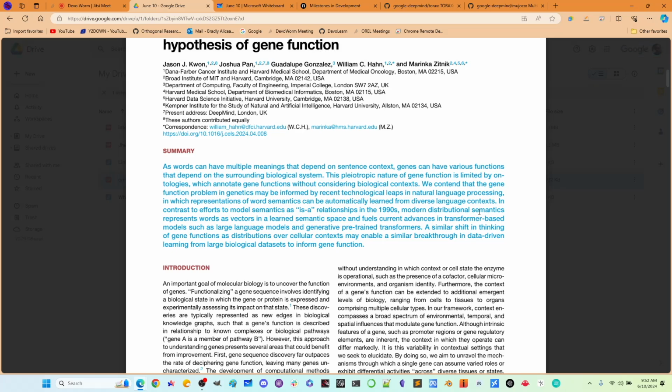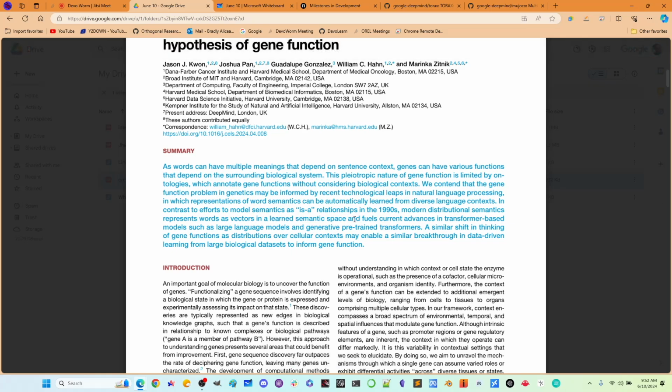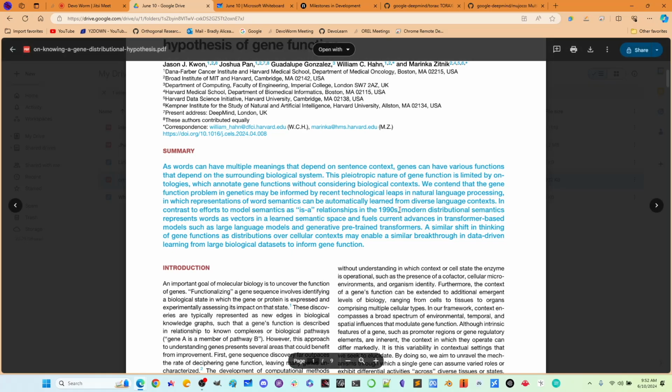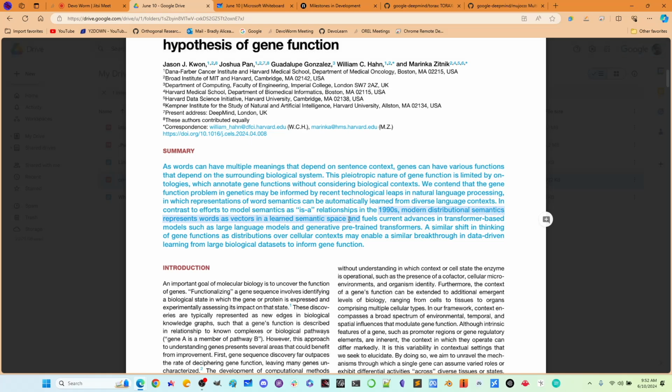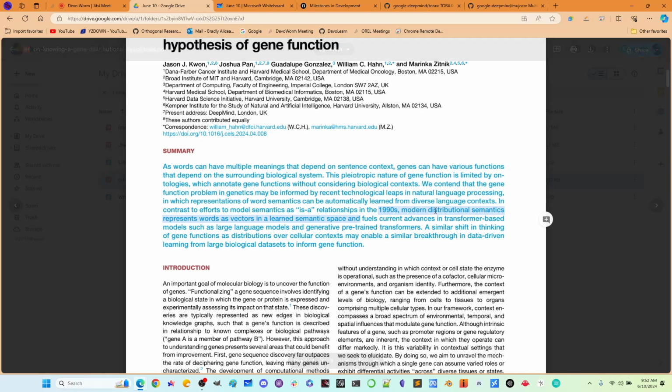Modern distributional semantics represents words as vectors in a learned semantic space. This is where we are in computational linguistics more generally today. Distributional means that you're drawing from a probability distribution and saying that there are different meanings with different probabilities. And so we can deploy those probabilities.